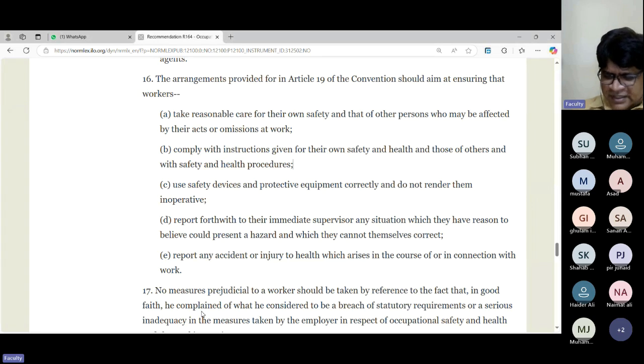What happens is that when a country goes to the ILO during its meeting at the Geneva office in Switzerland, there is a discussion. The country will be given an option to choose either convention or recommendation. If the country chooses recommendation, it can say that as a country, we do not have enough resources to accept this 100%. I will not accept the convention, I will only accept the recommendation. Recommendation is like guidelines.